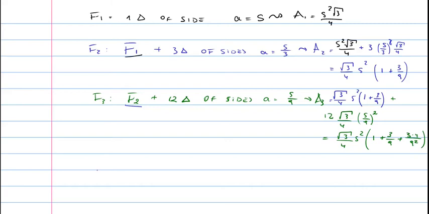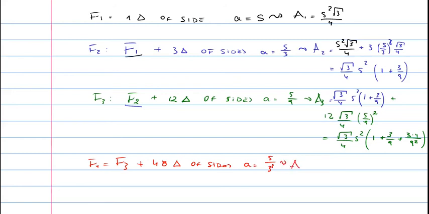Let's do one more step. F4 is going to be F3 plus 48 smaller triangles of sides a equals s divided by 3 to the power 3.